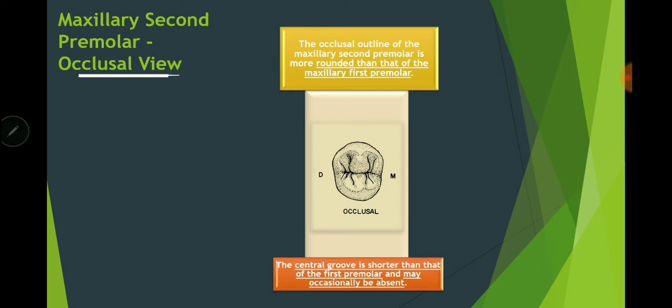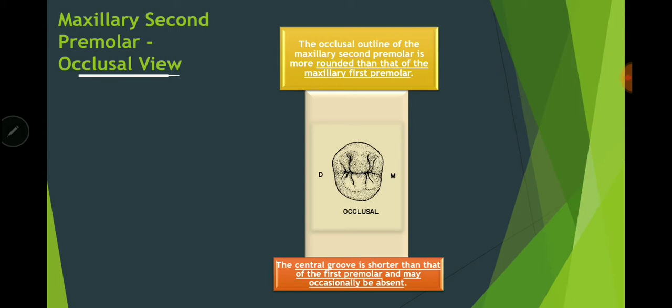The occlusal outline of the maxillary second premolar is more rounded than that of the maxillary first premolar. Okay, so it's more rounded when you compare it to the maxillary first premolar.